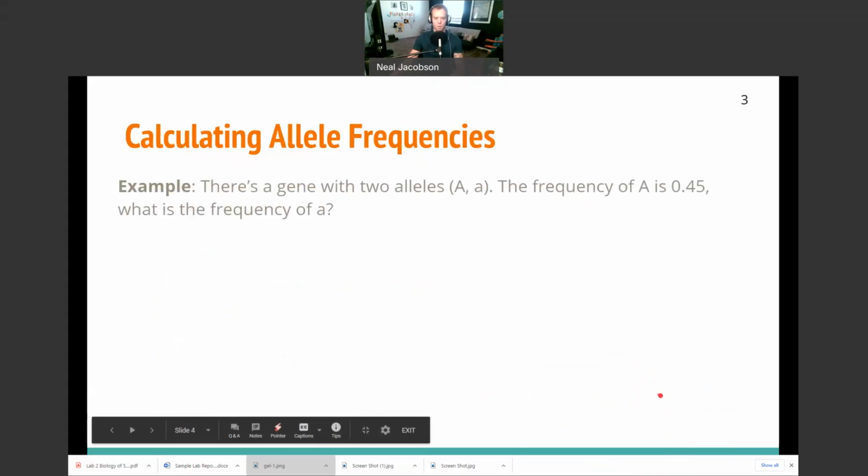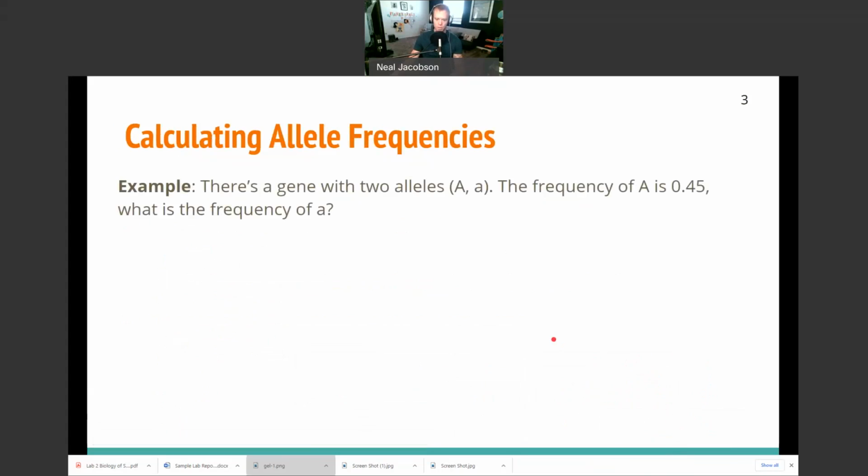Okay, so here's our example. If there are two alleles and we know the allele big A appears in the gene pool at a frequency of 0.45, then we know by definition that little a has to appear in the gene pool at a frequency of... So let's figure that out. How do we figure that out? Well, we know that the frequency of big A plus the frequency of little a is going to equal 1.